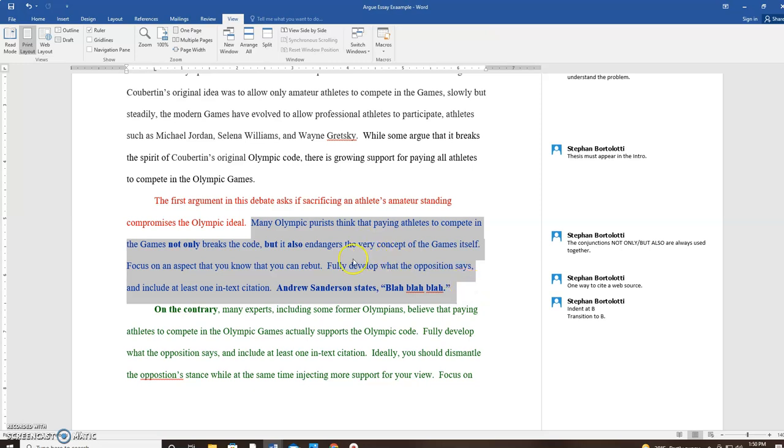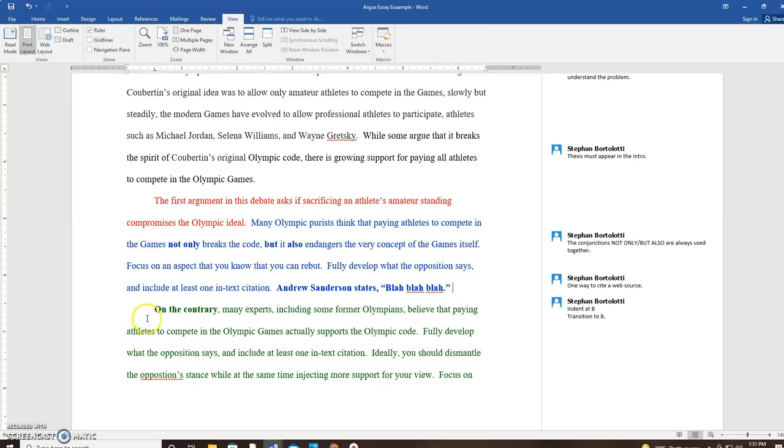Okay? Discuss what the opposition says about this subtopic. Remember, you have to have an opposition source. This particular citation shows you one way to cite an in-text citation for a direct quote.